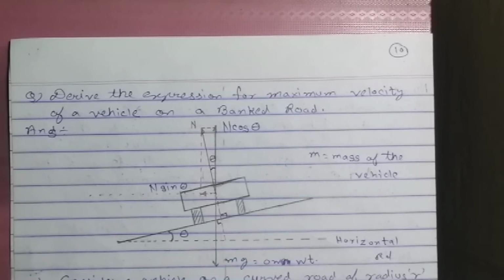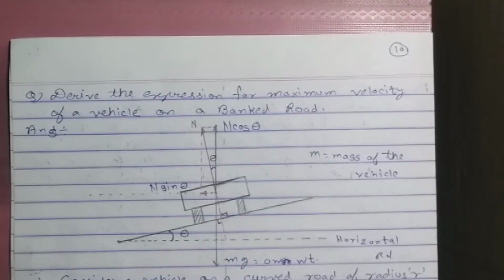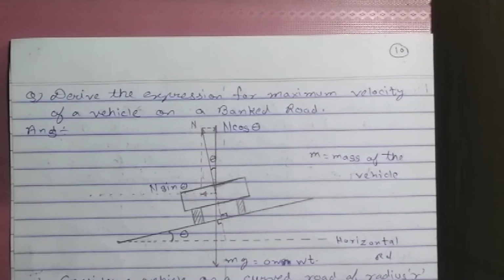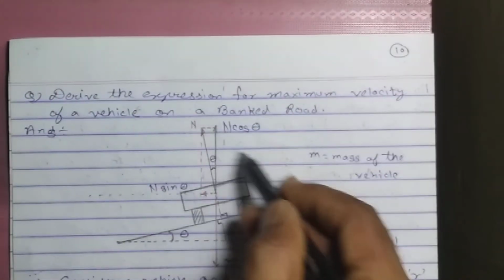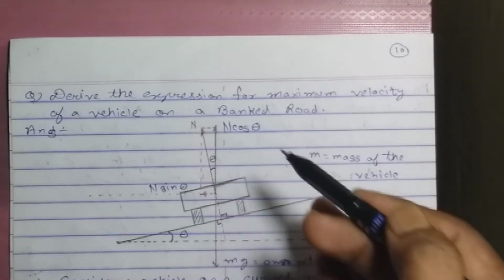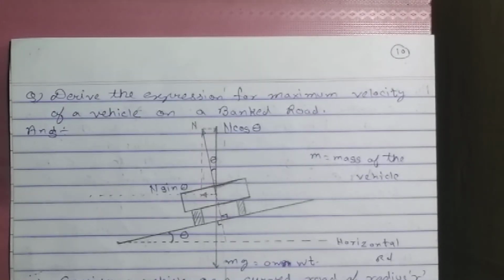We are going to consider the car moving along the banked road, ignoring the frictional force provided by the road and other forces like air resistance. So N cos theta is balanced by its own weight, so we can equate N cos theta equals mg.